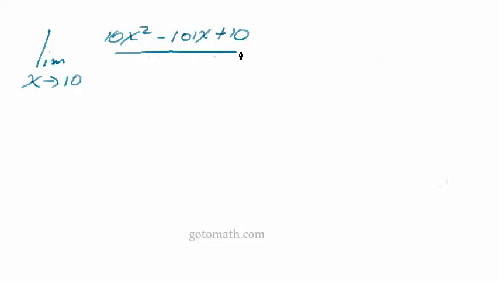And of course that's all over x minus 10. So the first thing we're going to do is the direct substitution, plugging 10 directly in and seeing what happens.